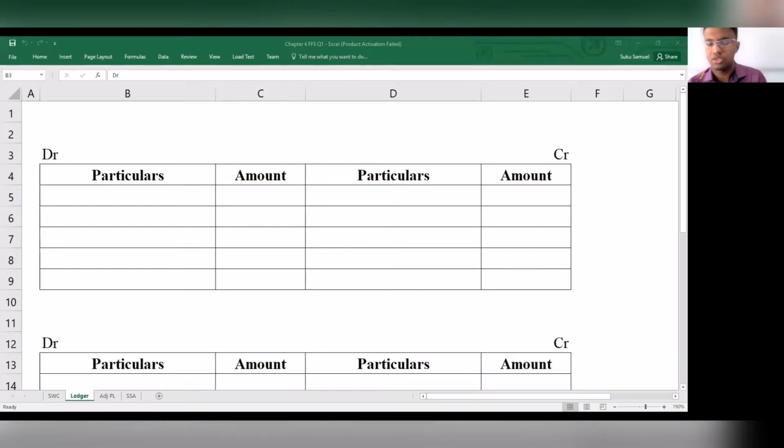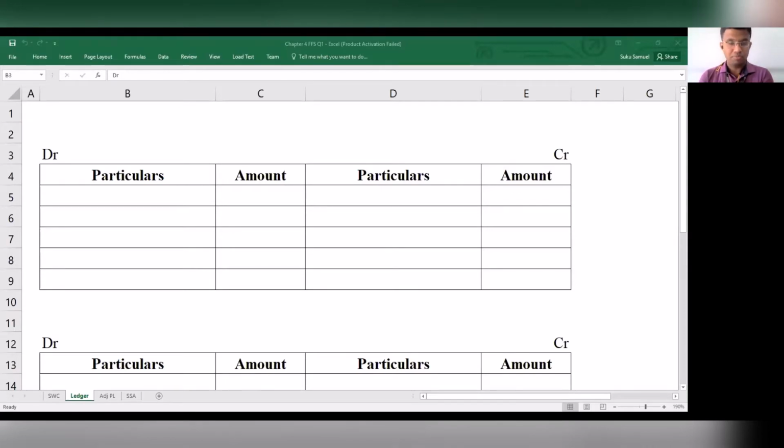So to trace the reasons for those changes, that is the reason why we are preparing these ledger accounts.